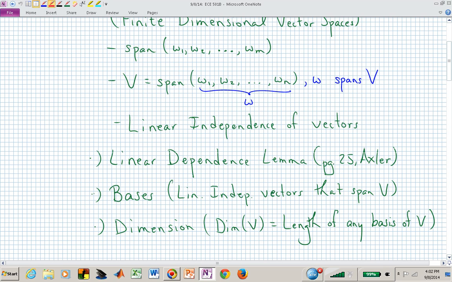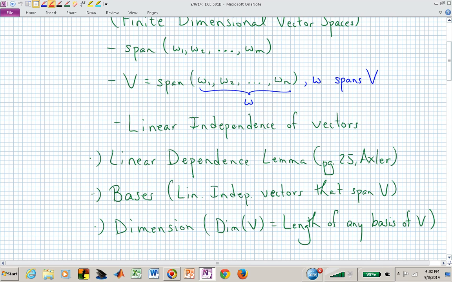There are bases and there are basis vectors, meaning we can have many different basis vectors, and a basis is a linearly independent set of vectors that spans all the vector space. And that will hopefully make more sense as we get to that point.